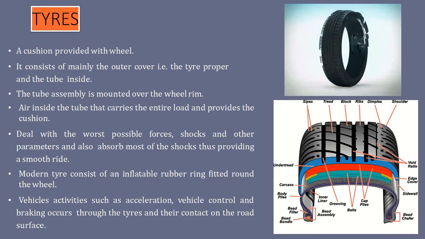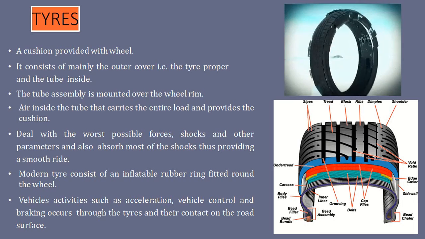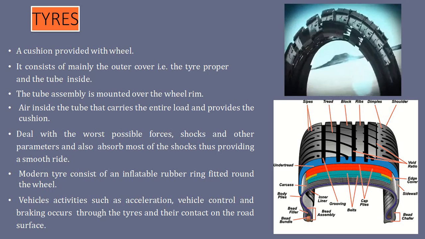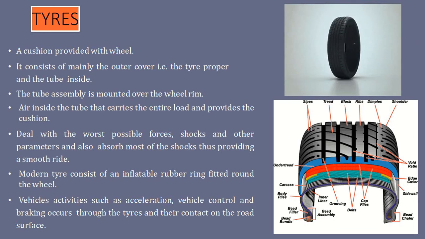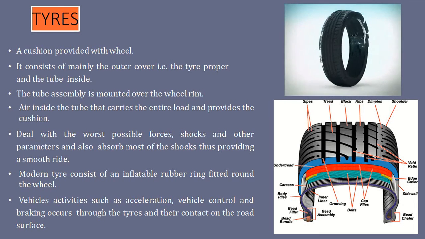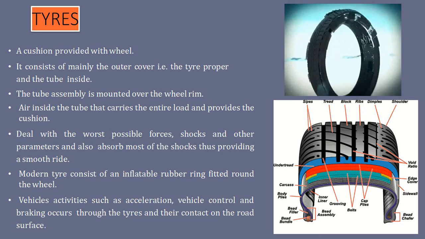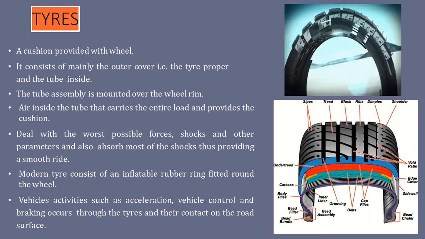It deals with the worst possible forces, shocks and other parameters, and also absorbs most of the shocks, thus providing a smooth ride. A modern tire consists of an inflatable rubber ring fitted around the wheel.